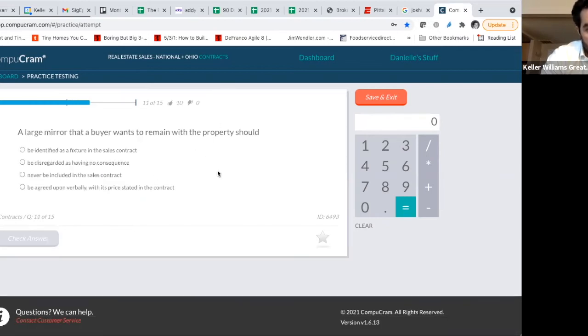All right. Question number 11, a large mirror that the buyer wants to remain with the property should A, be identified as a fixture in the sales contract, B, be disregarded as having no consequence, C, never be included in the sales contract, or D, be agreed upon verbally with its price stated in the contract.